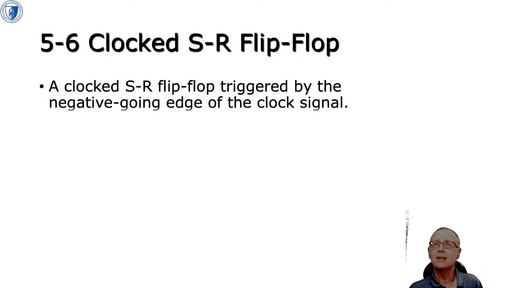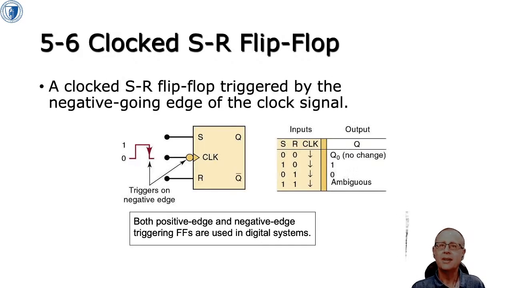Well, there's another one on the next slide. And here's the same thing, except now we've got a bubble on the clock input, right? So that means it's an active low input. And what that means for a clock is that the device triggers on the negative edge.